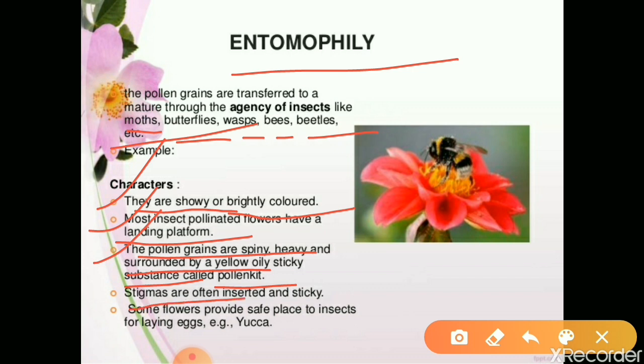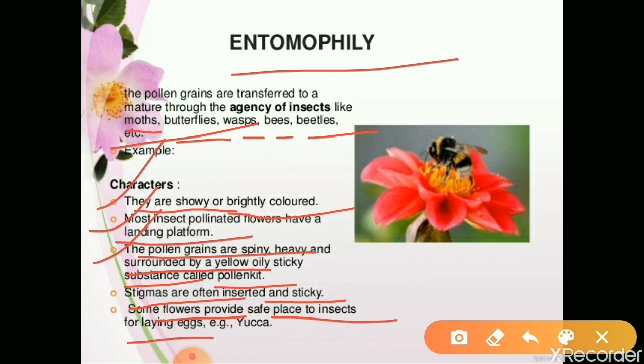Stigma is often exserted and sticky, means the stigma can grow more than the length of the anther, and it is sticky in nature. It can stick with any substance, especially it can stick with the pollen easily. Next, some flowers provide a safe place to insects for laying eggs.